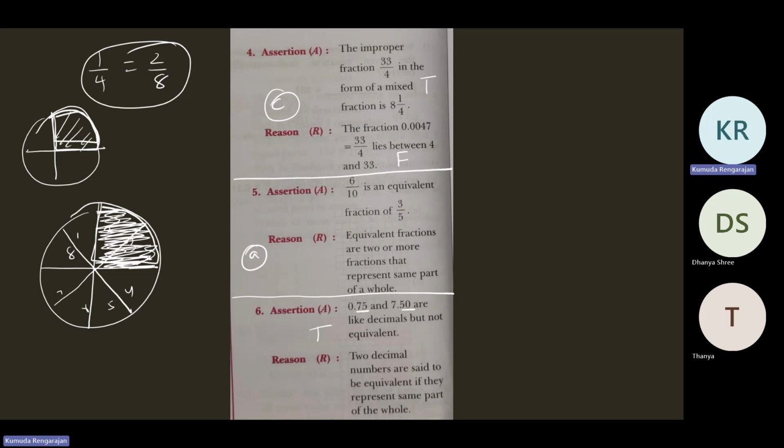So the reason should talk about like decimals, because the assertion is talking about like decimals. But in the reason, we have something about equivalent decimal numbers. So assertion and reason are true, but the reason is not explaining what is in the assertion. It's not explaining these two numbers like decimals. So option B.